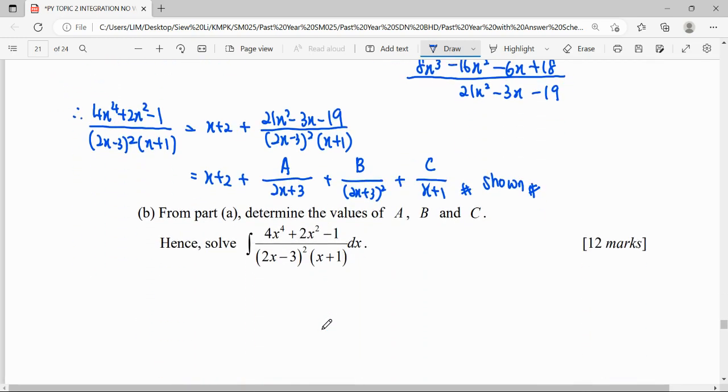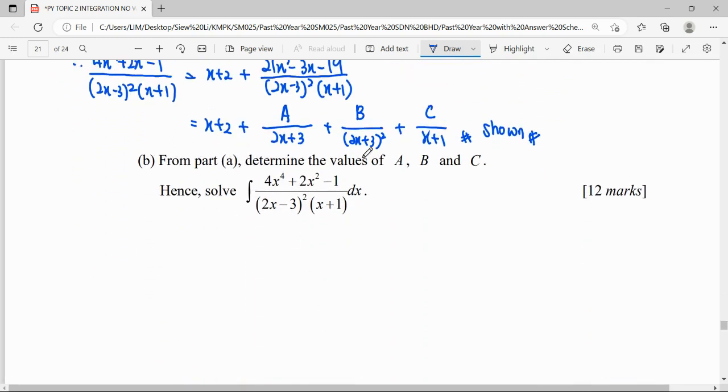Then for question B, they say from part A, determine the values A, B, C. So hence we have to integrate the fraction here.